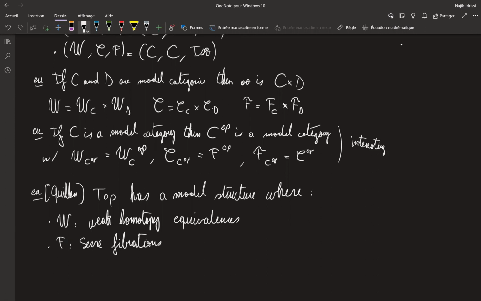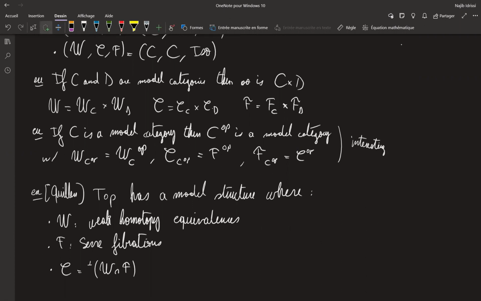And if I wanted, I could stop here, right? Because I have given you W and F, I do not have to give you C, right? Because C can be defined as morphisms, so continuous maps, which have the left lifting property with respect to acyclic fibrations. So Serre fibrations, which are weak equivalences. Of course, this is not satisfying at all, right? We want to actually be able to work with our category, and we want to know what cofibrations are.